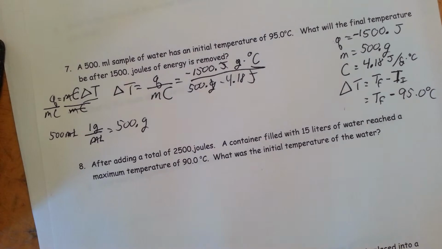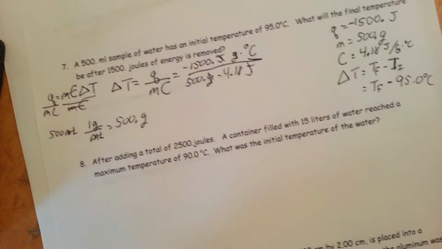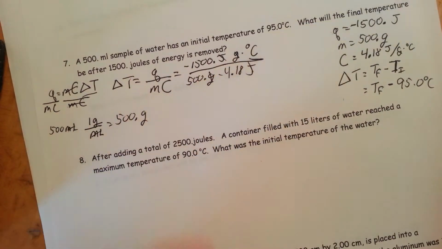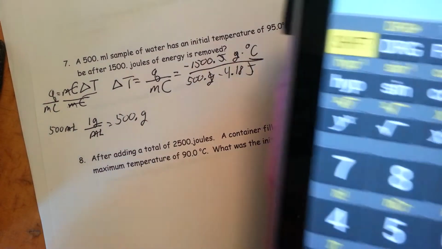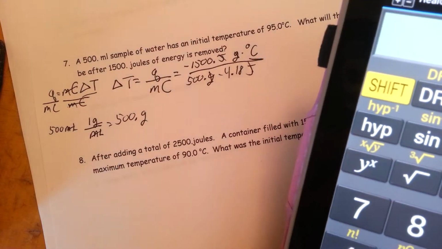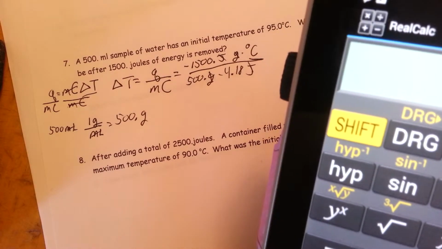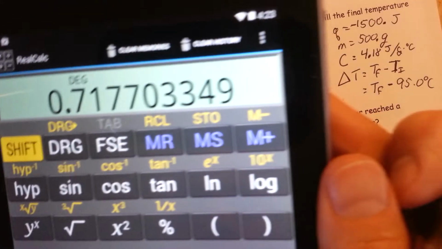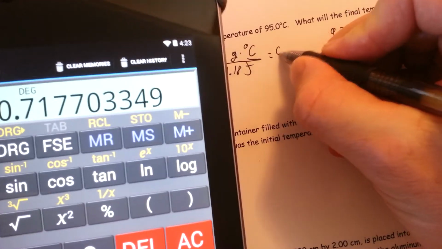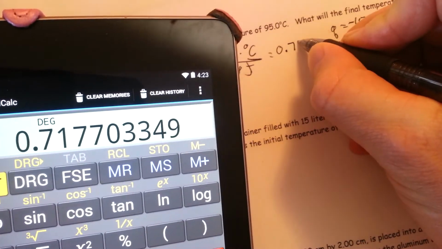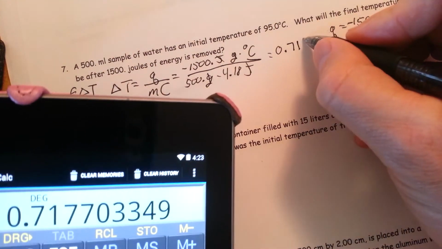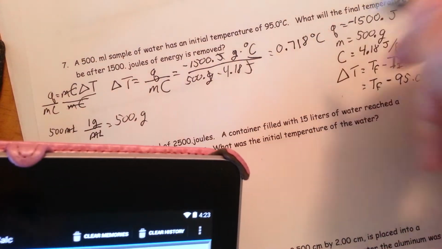So now, if I plug this into a calculator, 1500 divided by 500 divided by 4.18, and we get 0.718 degrees Celsius.